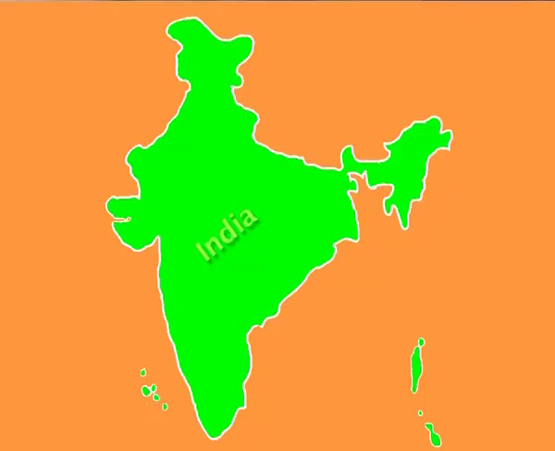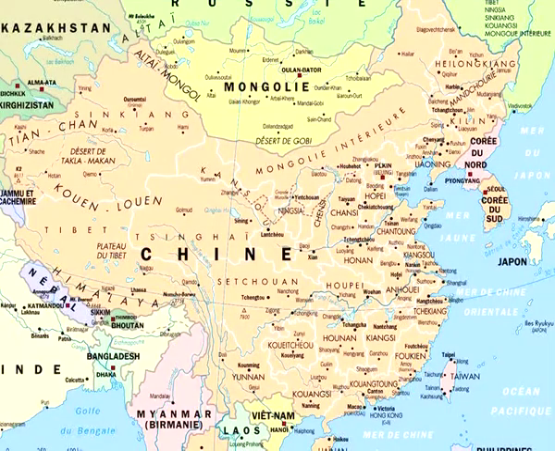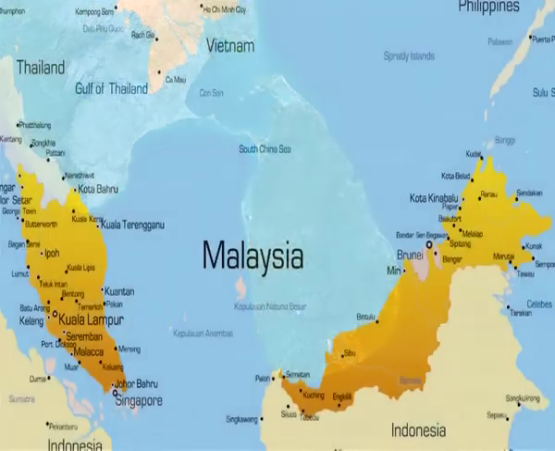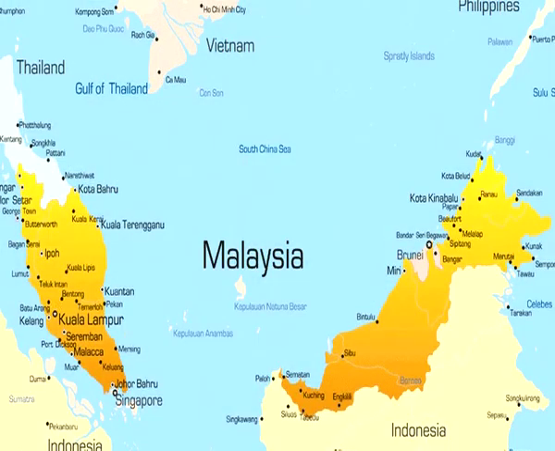Now, mostly, as I said, these are grown in countries like India, China, Sri Lanka and other Asian countries like Malaysia, etc. But in India, we mostly consume three types of millets which are more popular, and there are other, lesser known millets also.